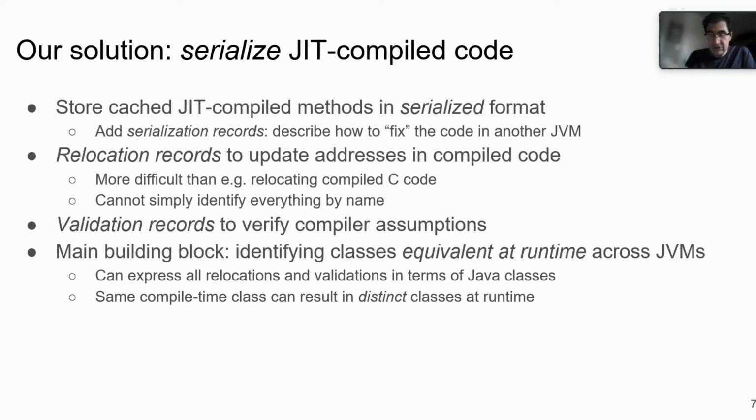We have relocation records for updating the pointers. We have validation records for verifying compiler assumptions. And we also have a mechanism for validating that two Java classes in two different JVMs are equivalent. In the end, all validation records and most of the relocation records are expressed in terms of Java classes.